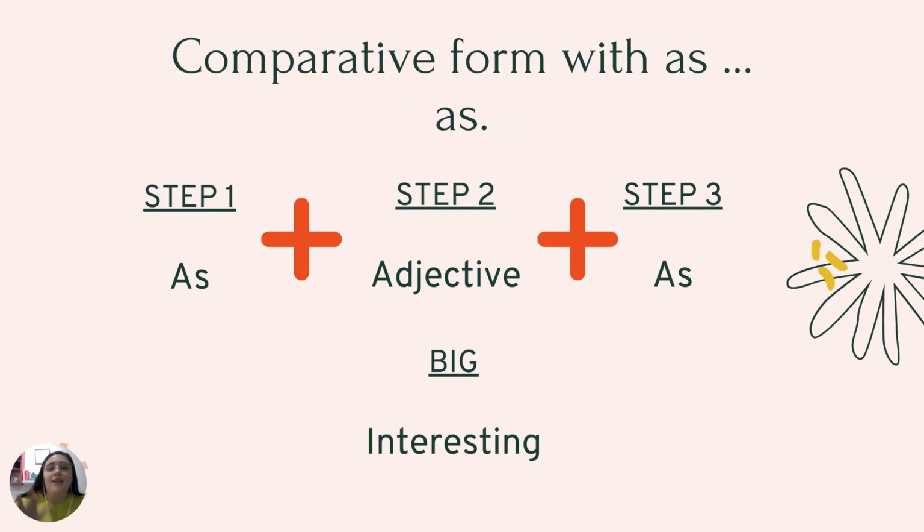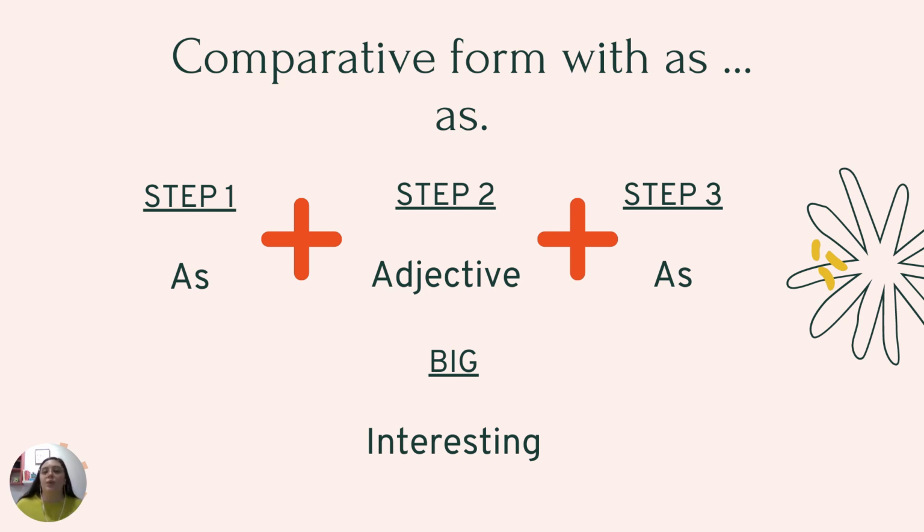Okay? And finally, we have the comparative form with as, meaning that when we want to say that something is equal, the step number one is adding the word as. Then you have the adjective. It does not matter if your adjective has 1, 2, 3, 4, or 6 syllables. The adjective will stay the same when you want to say that something is equal. And then you have the step number 3, that is as.